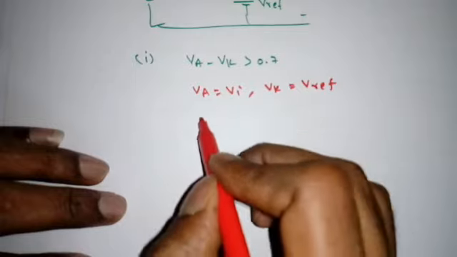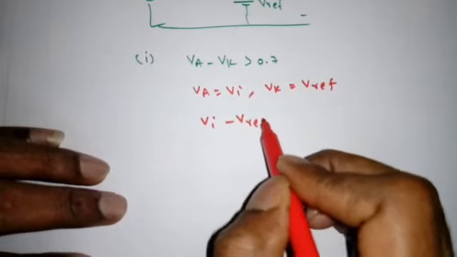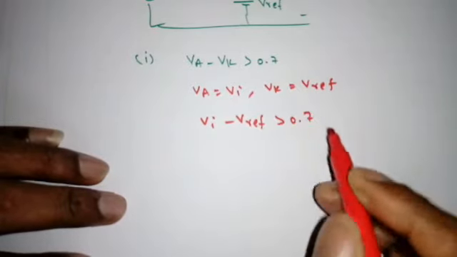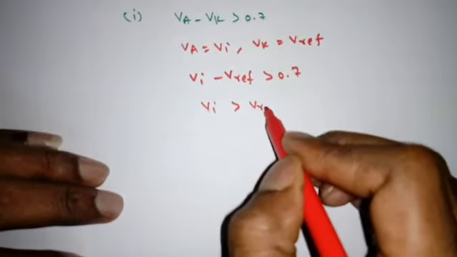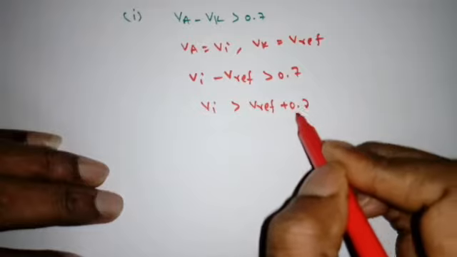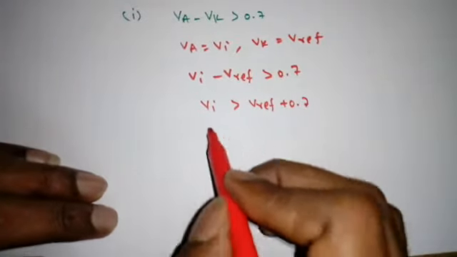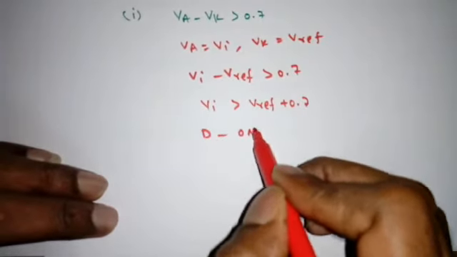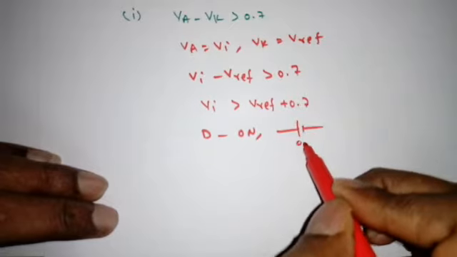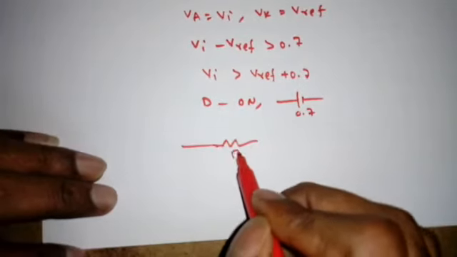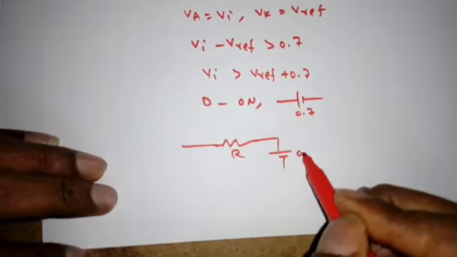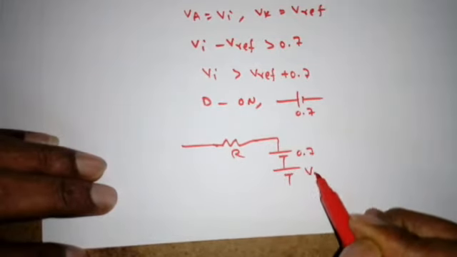So Vi minus V reference should be greater than 0.7, or Vi should be greater than V reference plus 0.7. So this 0.7 will be added. Diode D will be on, replaced by a 0.7 voltage drop. Then the circuit will become R, 0.7, V reference.